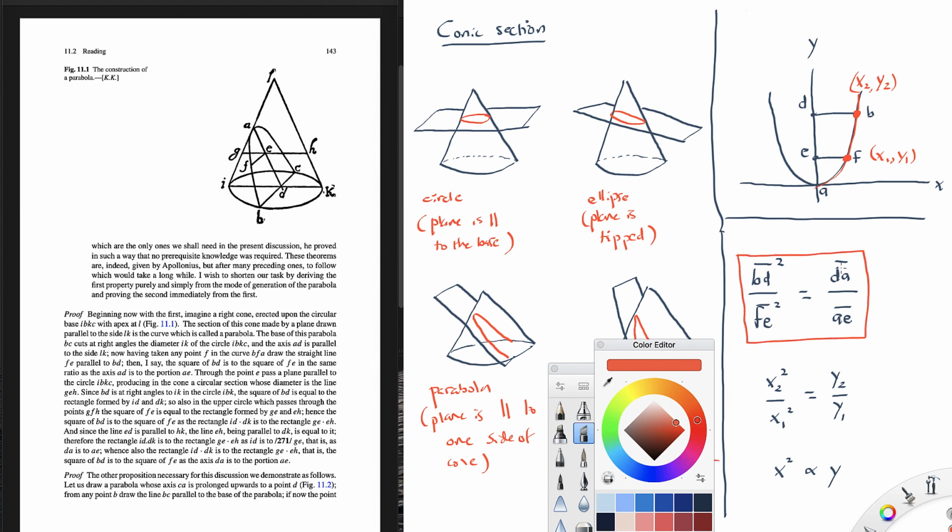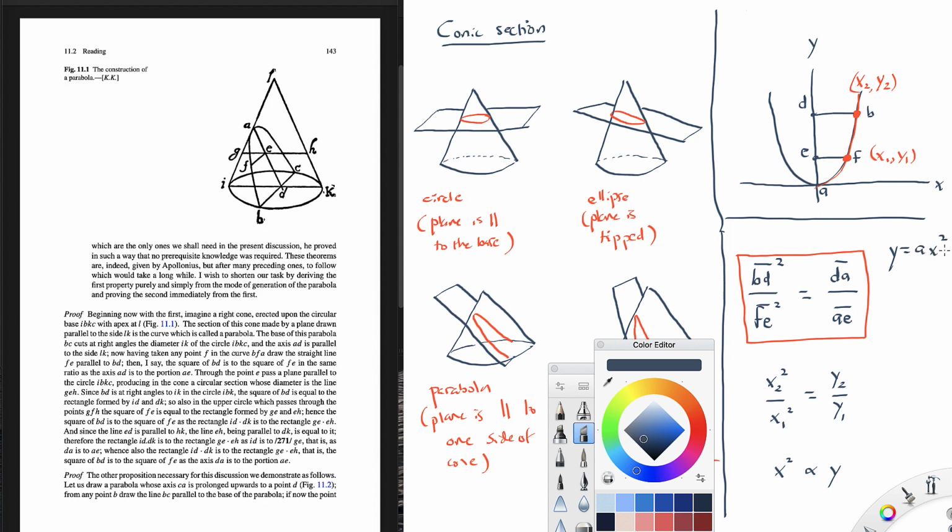And so you can see this formula is basically saying y2 and x2 squared, and then the line segment FE would be x1, and the line segment AE would be y1. And so y2 is to y1 as x2 squared is to x1 squared, which is precisely what we mean by a parabola.